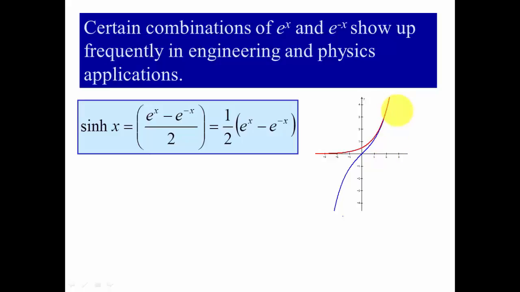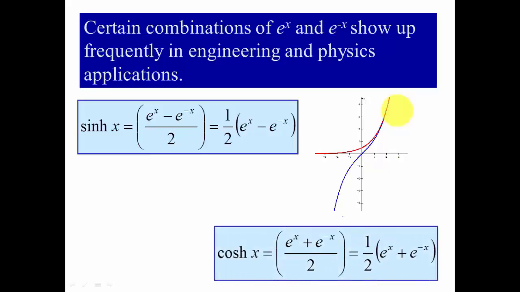Now the hyperbolic cosine, and that's pronounced cosh, and that's what it looks like, is the same thing except it has a plus sign between the two exponential functions. So it could be expressed like this as well. Now, if we thought about what this graph would look like, we are actually adding these two together.